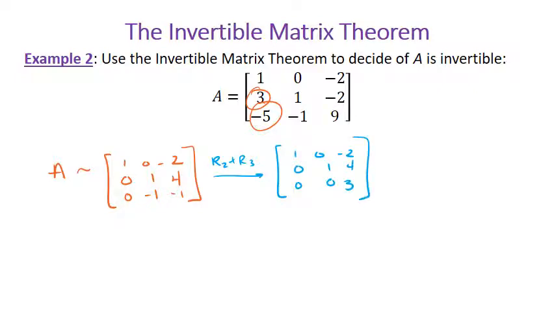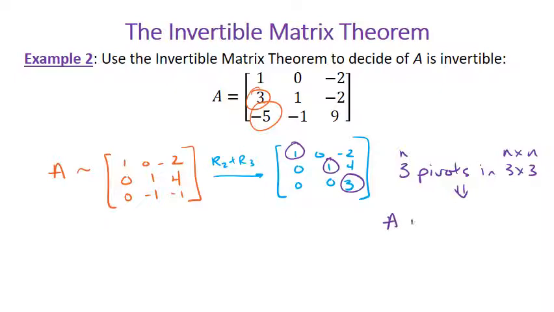And if you look at this, there are 3 pivots in this 3 by 3 matrix. So there needs to be n pivots in the n by n matrix. Therefore, this is true, so A is invertible by the invertible matrix theorem.